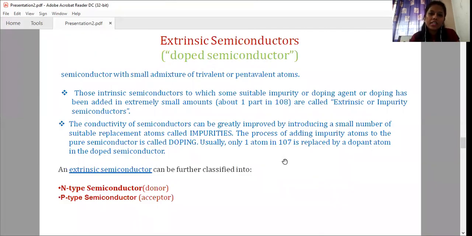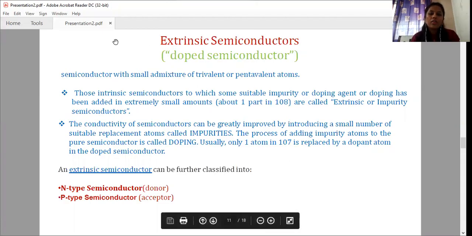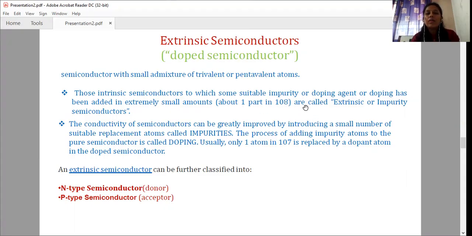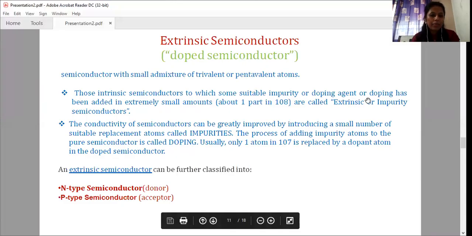An extrinsic semiconductor is a semiconductor having an admixture of trivalent or pentavalent impurity. When a pure semiconductor is added with trivalent or pentavalent impurity, an extremely small amount, about one part in 10^8, is called extrinsic impurity.